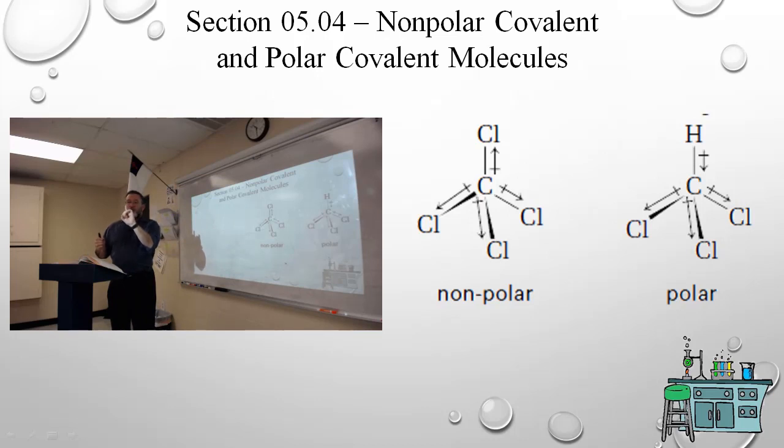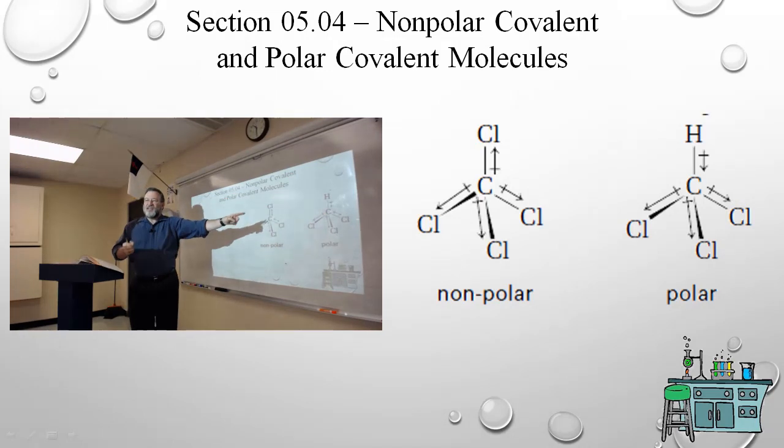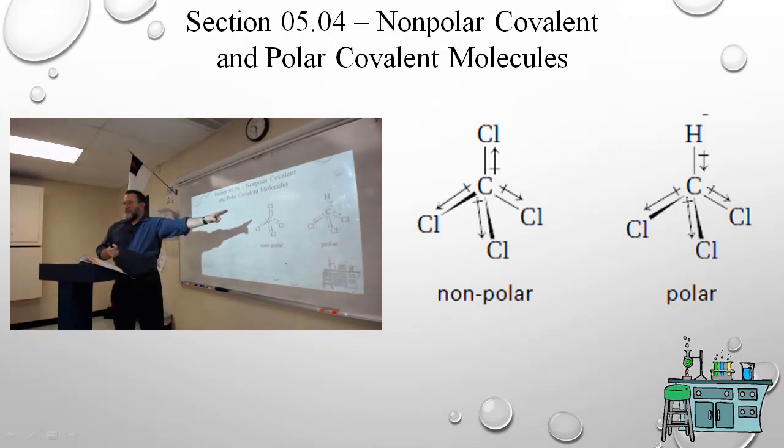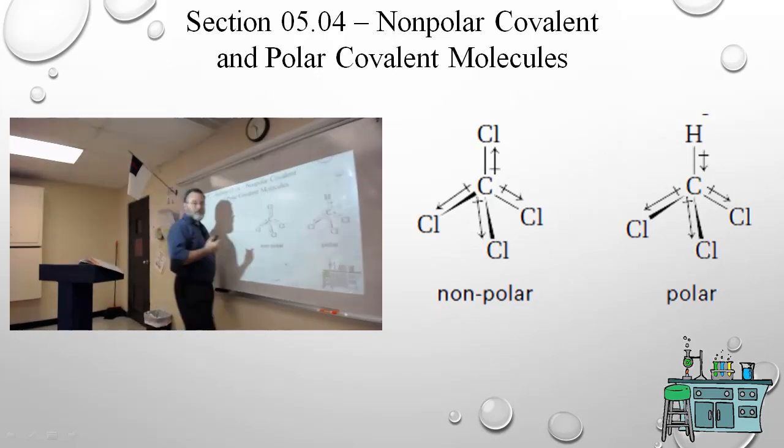Yes. Which one is asymmetrical? This one. This is the polar. It has polar bonds and it has asymmetry. Another way of saying that, it has polar bonds and the bonds are not equally distributed to cancel each other out. So my CHCl3 molecule is a polar molecule, my CCl4 molecule is a nonpolar molecule, and the only difference is this hydrogen in place of one chlorine.